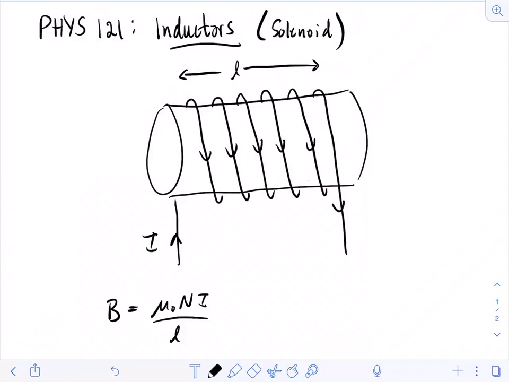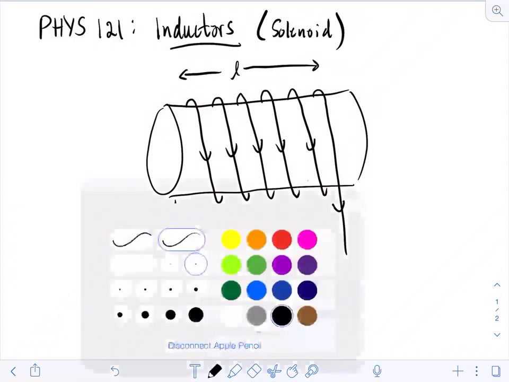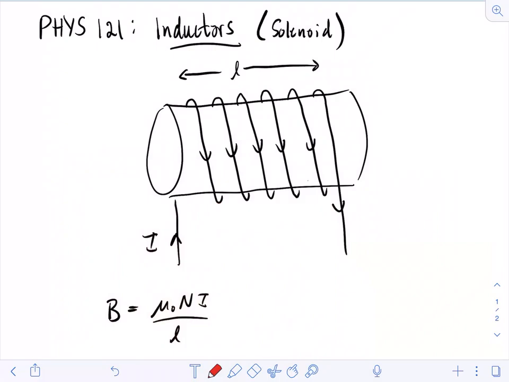And by the right-hand rule, we could determine the direction of the magnetic field, and the magnetic field for the solenoid that I've drawn here is going to point from the left edge of the screen to the right edge.